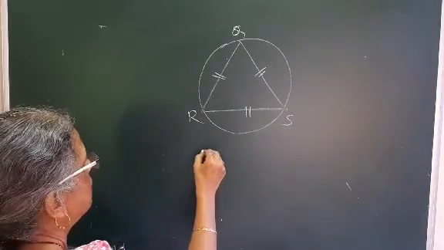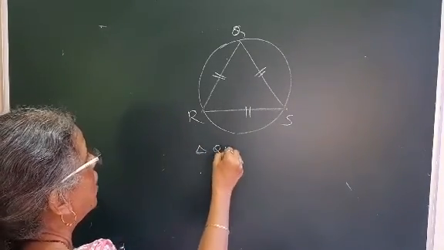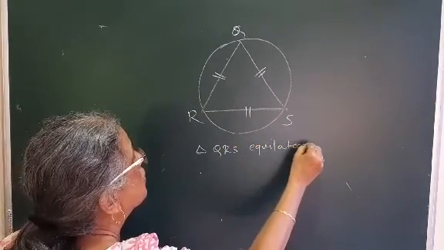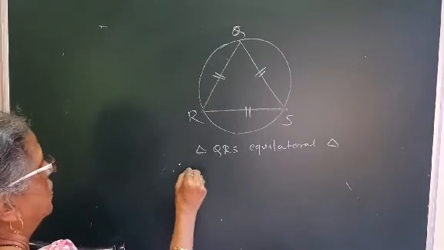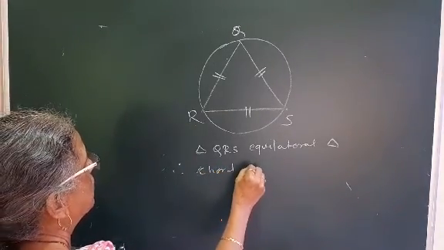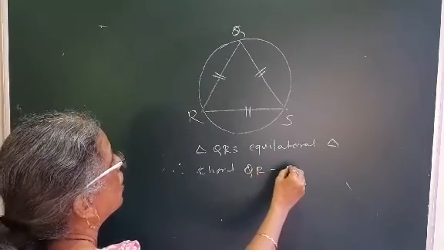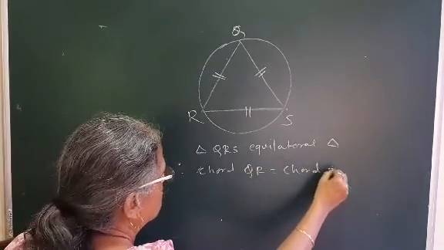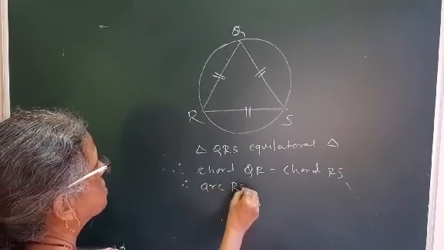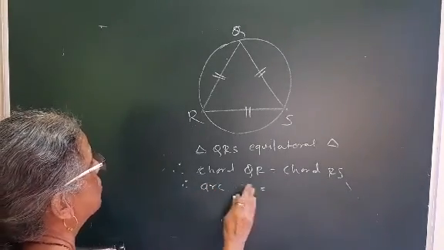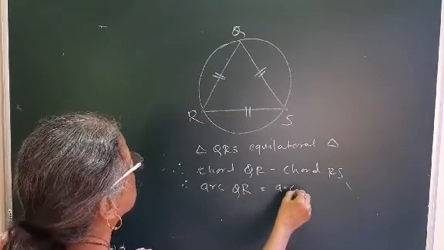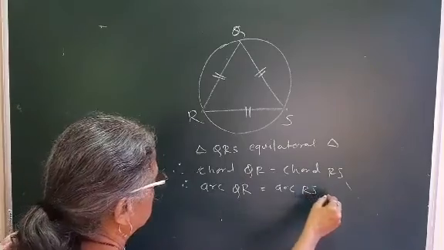So as we have triangle QRS an equilateral triangle, therefore chord QR equal to chord RS. Therefore, arc QR is equal to arc RS.